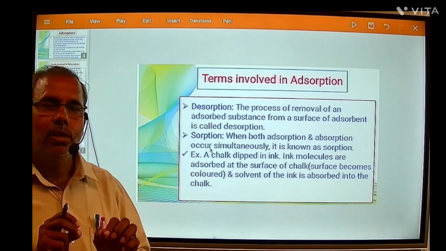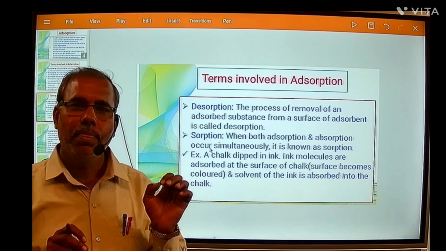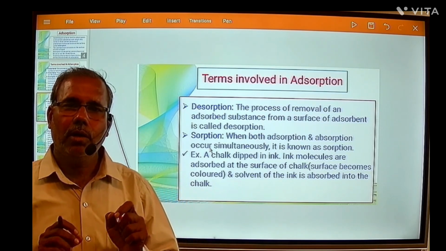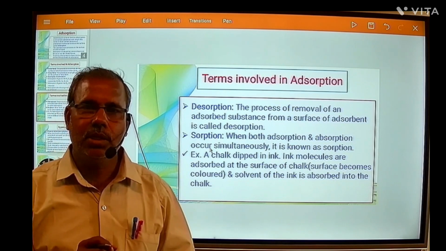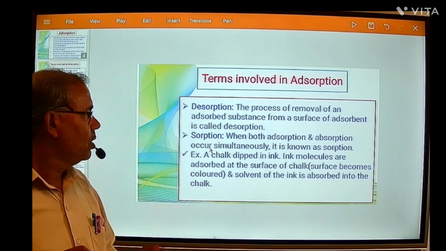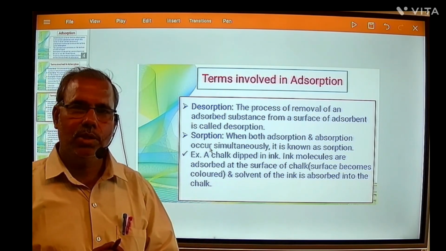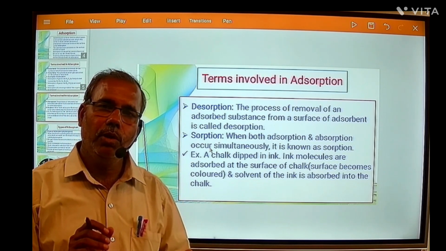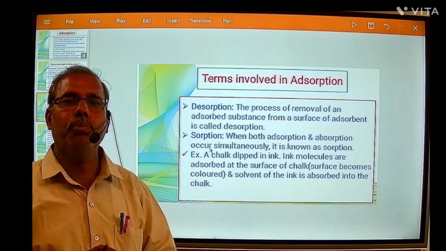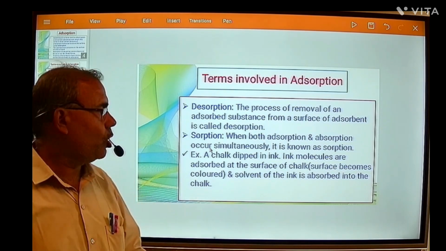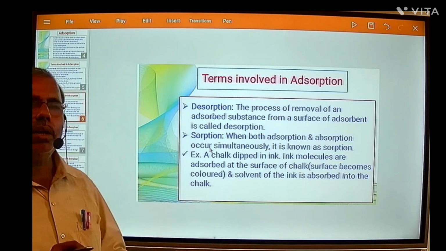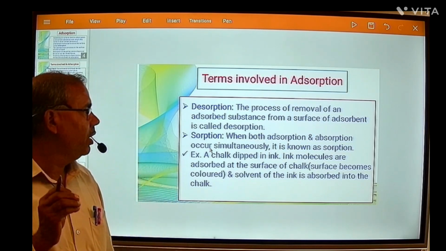There may be some processes in which adsorption and absorption both take place simultaneously, and that is known as sorption. An example is given here: a chalk dipped into ink.